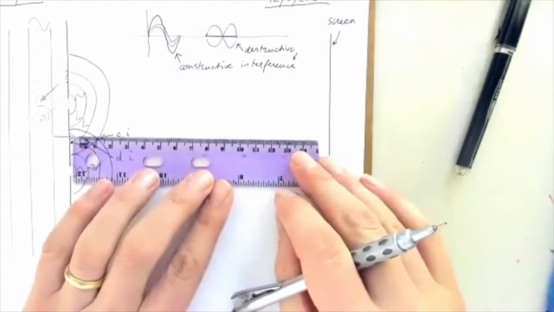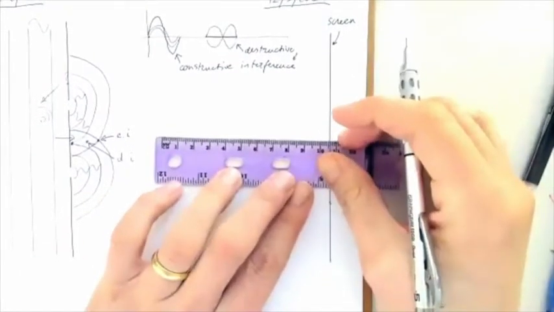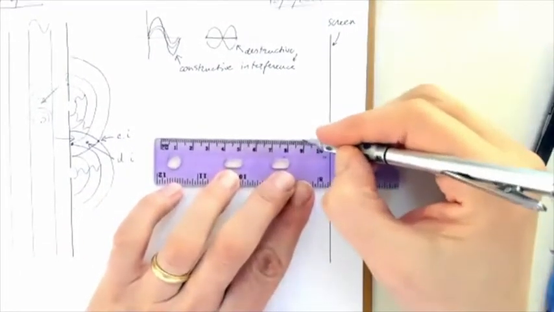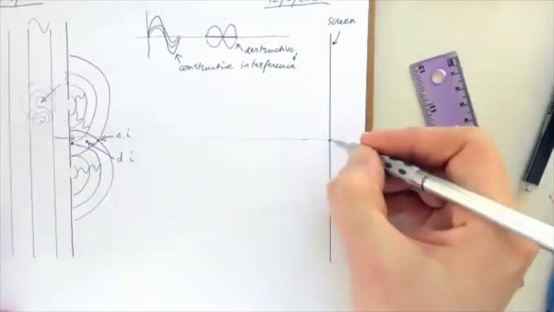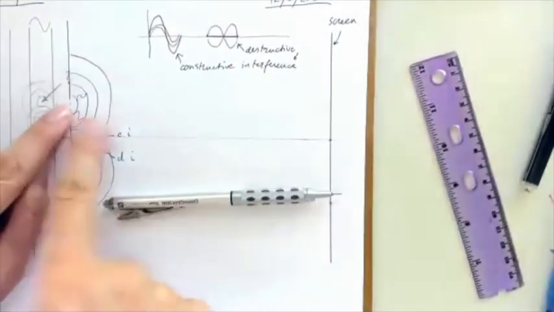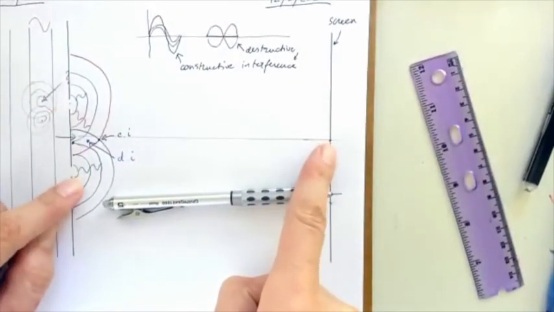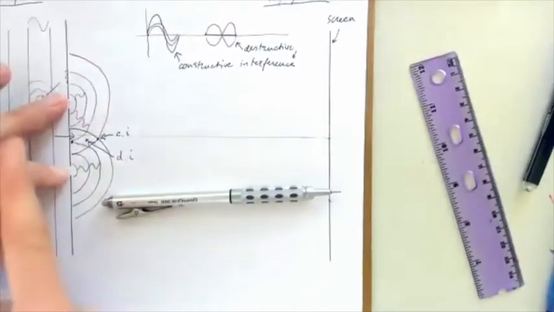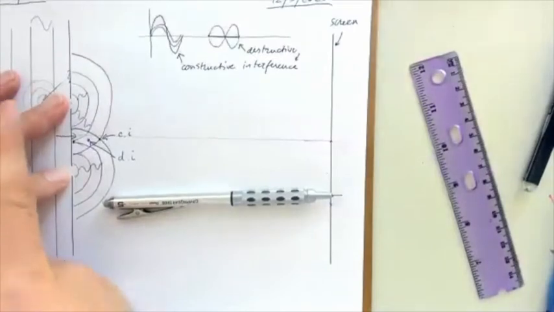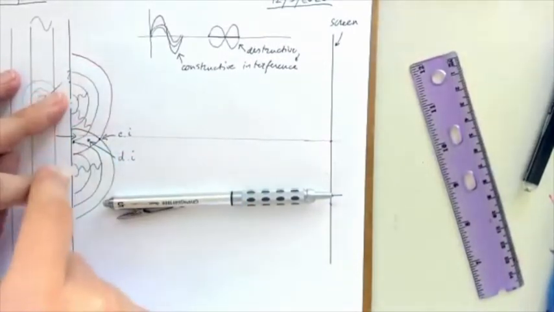So for instance, there's this, see, my ruler is not long enough. Okay, so there's this path right in the middle where if you ask what's the distance from here to there, it will be the same from here to there as from here to there. Because the distance is the same and these are hit at the same time, because it's illuminated by a beam of light that is coherent, there's no phase difference between these two points.